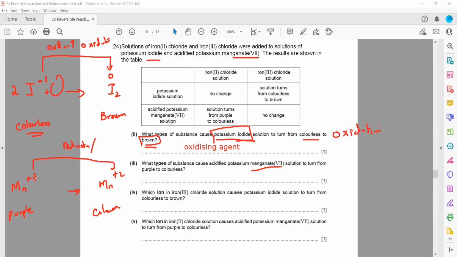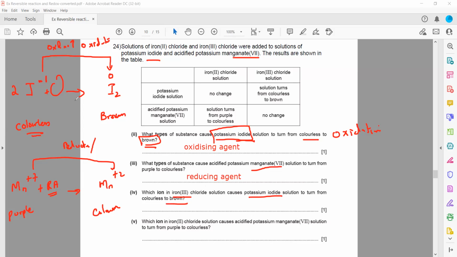So what do we need to carry out the reduction? To carry out the reduction, we need a reducing agent. So what type of substance can cause potassium manganate to turn from 7 to 2? We need a reducing agent. Then which ion in iron 3 chloride causes the potassium iodide to turn from colorless to brown?